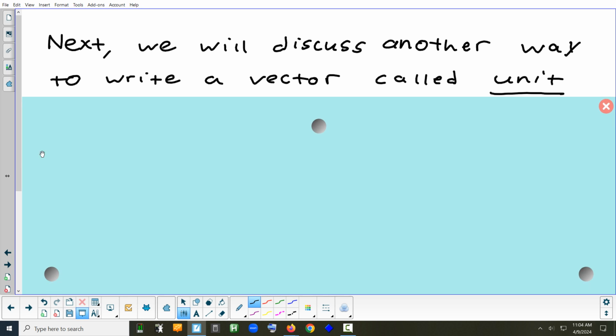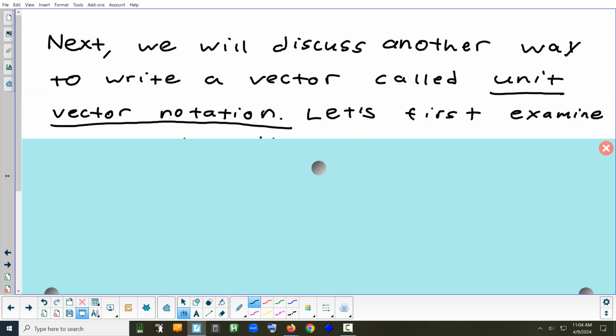So I told you that we're going to be kind of getting away from drawing. We're going to look at different notations we can use to write vectors without drawing. I showed you one yesterday where we had the angle brackets, and you have two numbers in the middle with a comma. Today we're going to look at what's called unit vector notation.